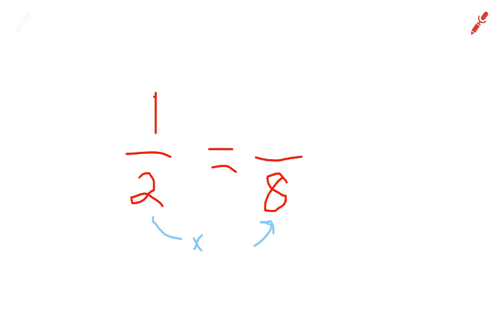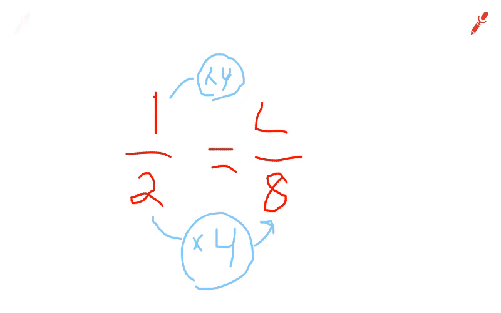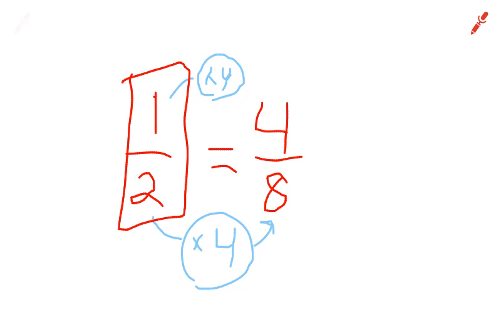Well, I know 8 divided by 2 is 4, or 2 times 4 is 8. So on the bottom, I did times 4. I'll do the same thing up here, times 4. So 1 times 4 gives me 4. So I know that 1/2 is equivalent, or equal, to 4/8.